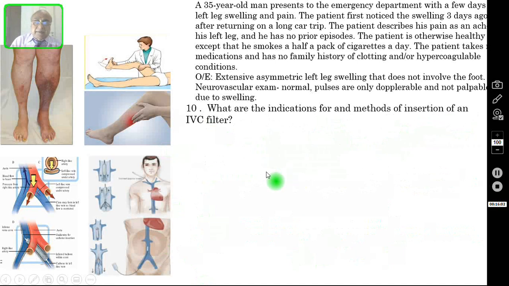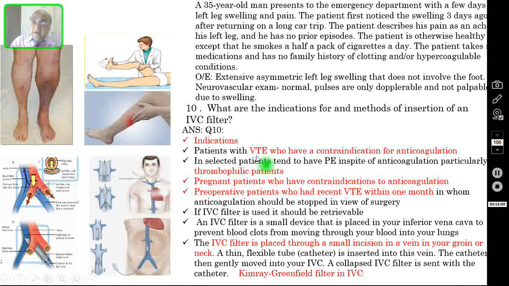The correct answer is the indications are patients with venous thromboembolism who have contraindication for anticoagulation. In selected patients tend to have pulmonary embolus in spite of anticoagulation, particularly those who are thrombophilic patients.